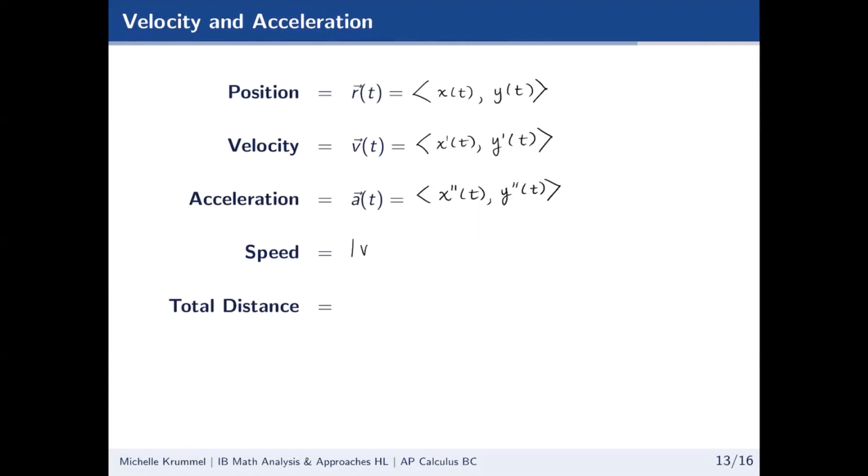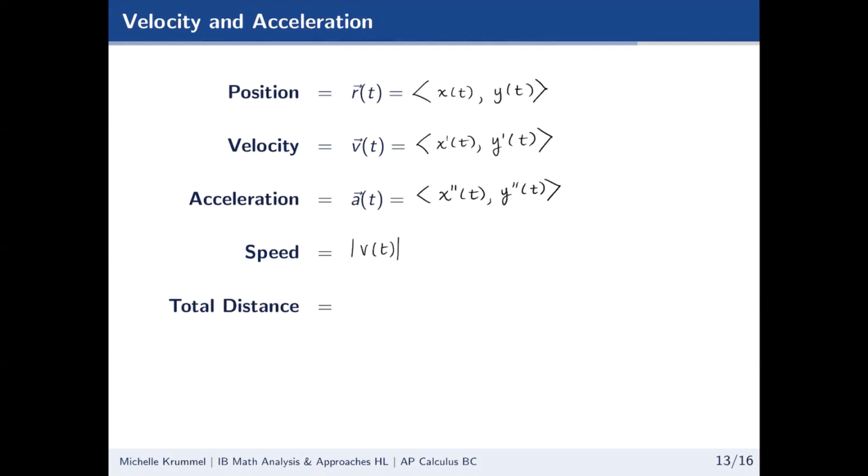So I'm just going to write v of t here, absolute value of v of t. That's how we have defined speed for linear motion. If we want the absolute value of the velocity graph, we know we can take all of the negative part of the graph, so all of the part that's below the x-axis, and reflect it up across the x-axis, and that's going to give us the speed graph.